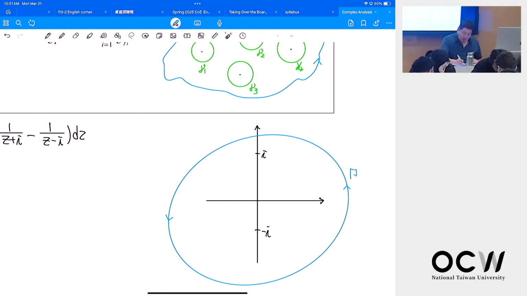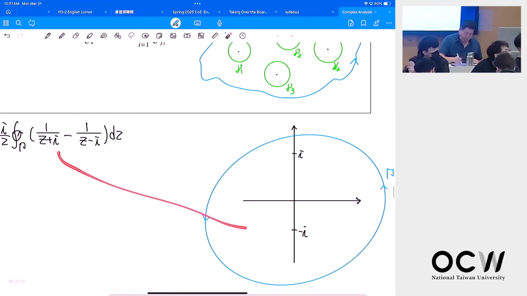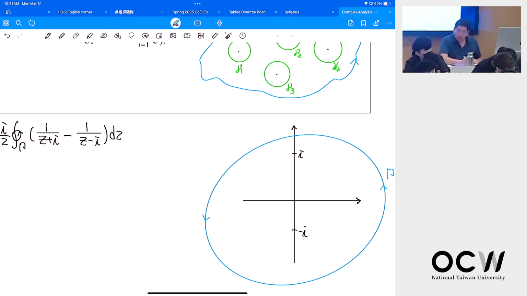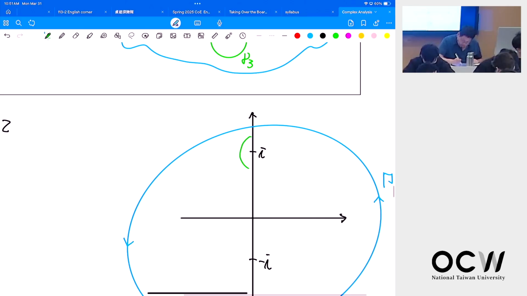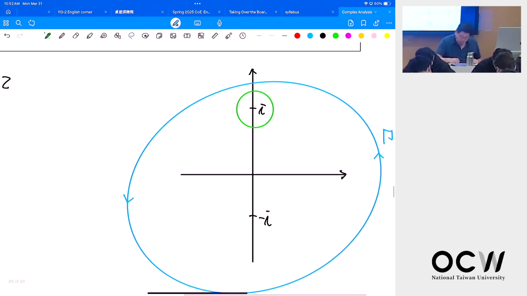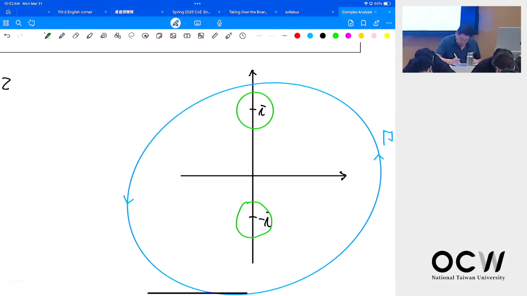Then you can see I have 2 singular points in this function. And for these 2 points, I can make a smaller circle. So here I have a smaller circle, and we say this is gamma 1 and gamma 2.